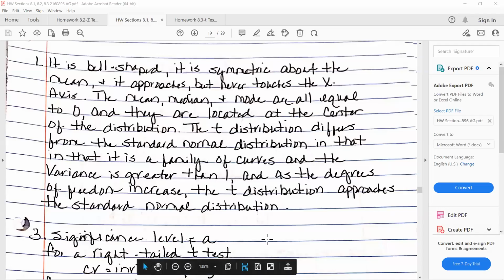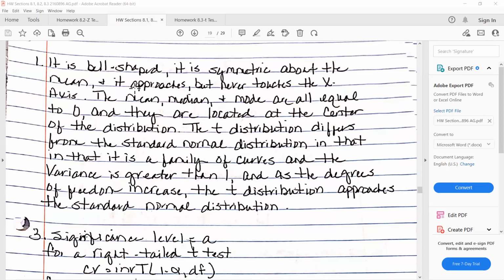So what are the assumptions, how is it the same, how is it different? Here it is. They're bell-shaped, okay?